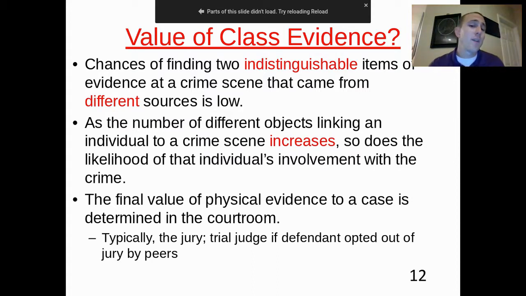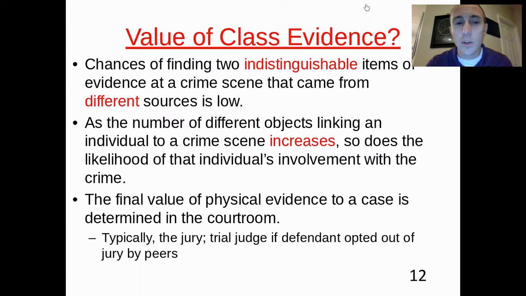As we mentioned, it's very difficult to get items from crime scenes that are going to be individual in nature. So class evidence is going to be very helpful when we can take multiple different pieces of class evidence and combine them together. At the end of the day, as forensic scientists, we can only come up with these values to calculate the likelihood that someone was present at a particular crime scene.